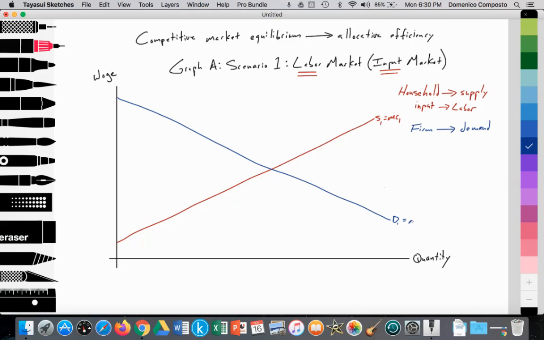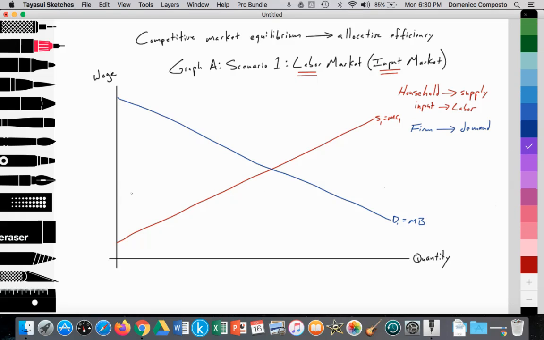Demand equals our marginal benefit. Okay, so we have supply and demand, and on the x-axis we're measuring quantity, on the y-axis we're measuring wage, not price, because labor is priced as a wage or valued as a wage.